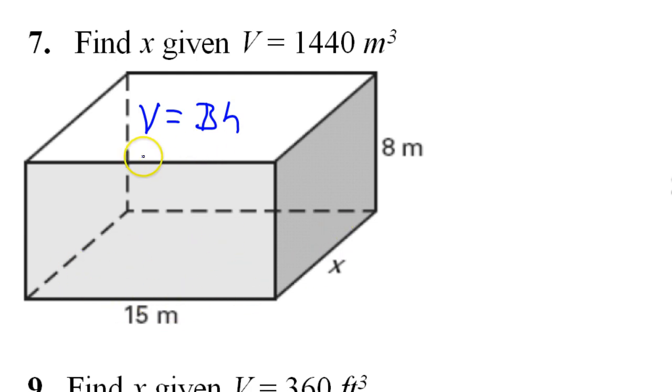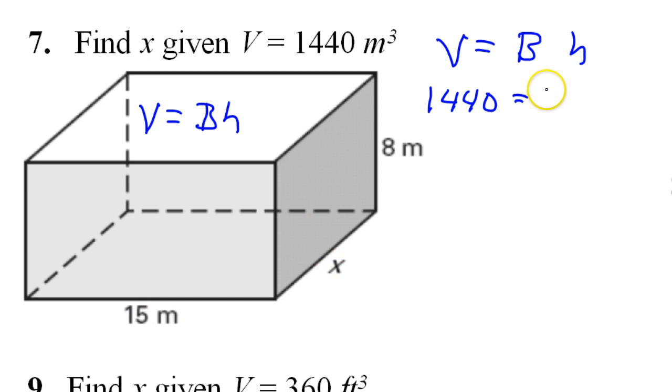So that means 1,440 is equal to the area of the base times the height. Now the area of the base is 15 times x, or 15x. And then the height of the prism is 8.